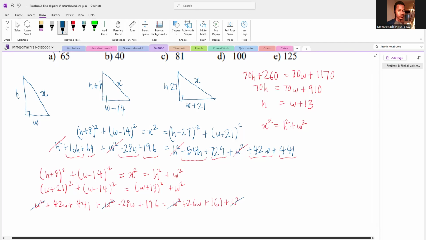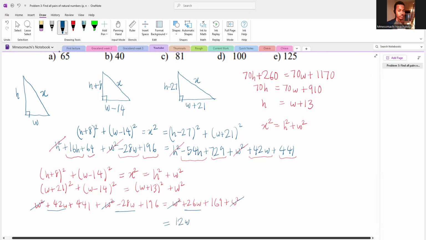This becomes a linear equation in terms of W. So we have 42W minus 28W. That's going to give us 14W. And you can take it to the other side, so 26W minus 14W will give us 12W.